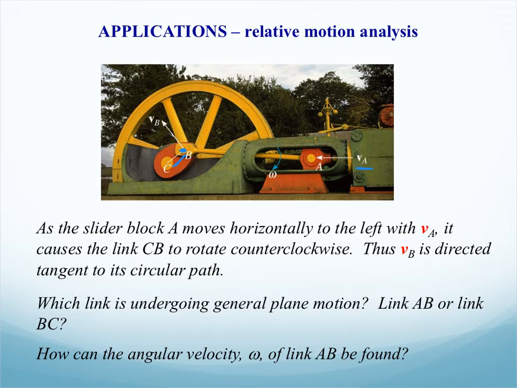So the idea is that this is going around in a circle, and this velocity B is tangent to that circle. And so can we figure out some information about, say, the angular velocity of AB, and how can we relate that? So what are we doing here?